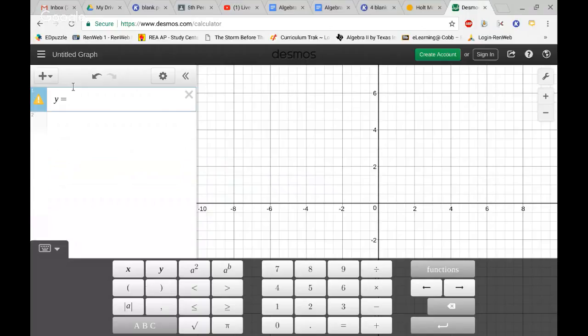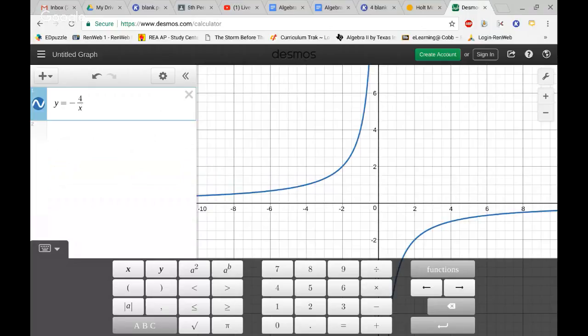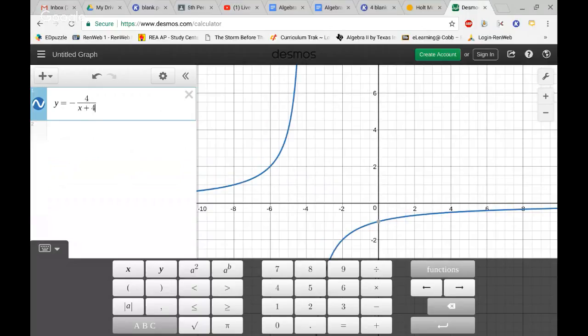And what do you think the horizontal asymptote is going to be? +3. That's it. Exactly. Perfect. That's going to be something I'm going to be looking for, and you're going to see that even more in 5.3.